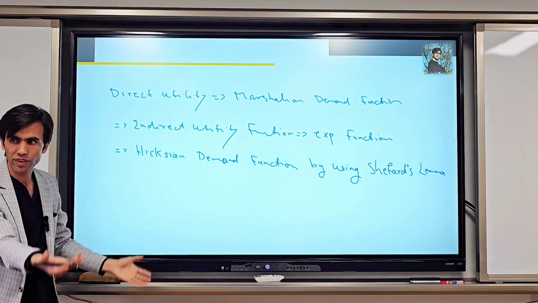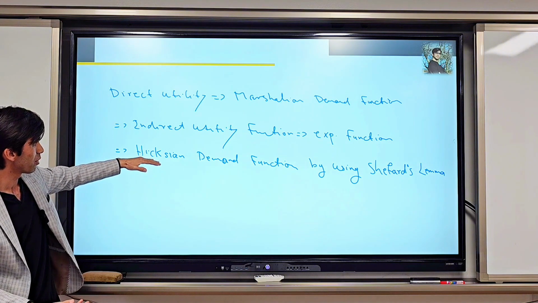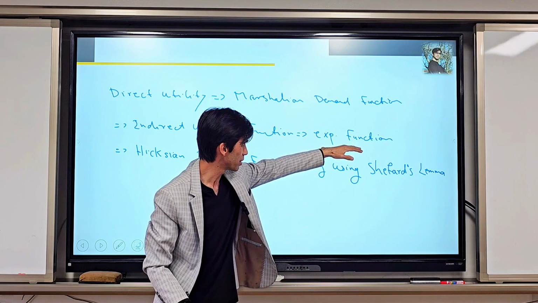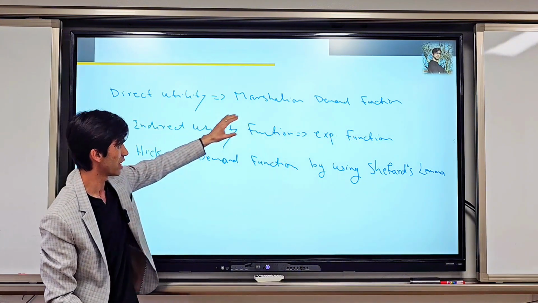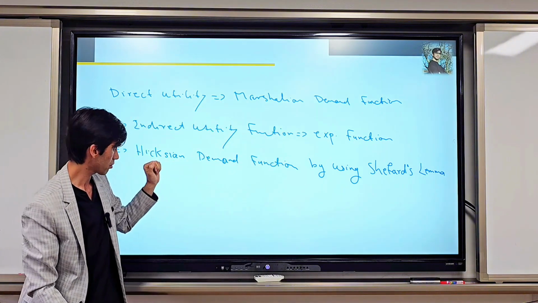You can work the other way around. For example, if you have your Hicksian demand function, you can find out your expenditure function. When you have your expenditure function, you can find out the indirect utility function. When you have your indirect utility function, you can move on to find your Marshallian demand function. Why?